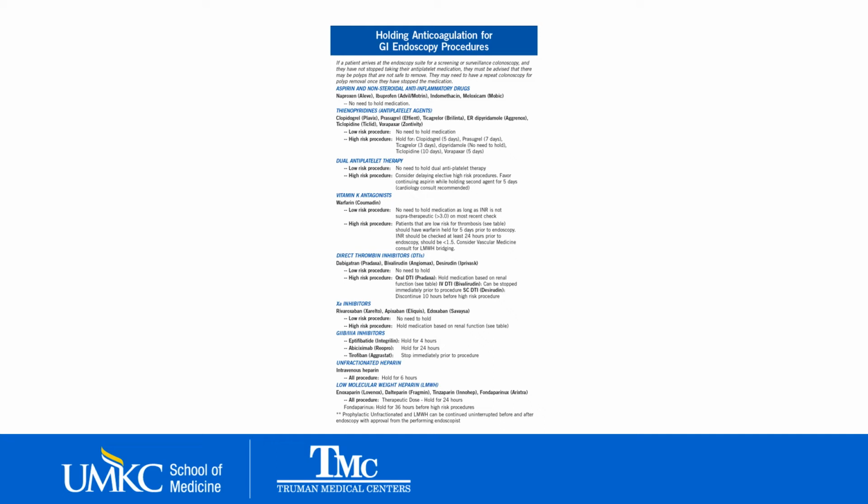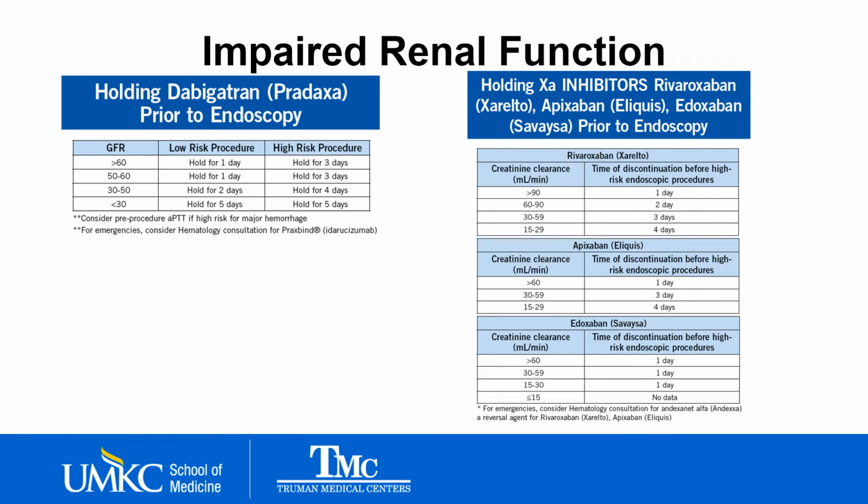For patients taking either a direct thrombin inhibitor or a factor Xa inhibitor, you will notice that medication will need to be held based on the patient's renal function, and you are directed to consult the table to the right. For patients with impaired renal function, the length of time to hold Pradaxa will be based on their GFR. For patients taking a Xa inhibitor, we will base this decision on their creatinine clearance.